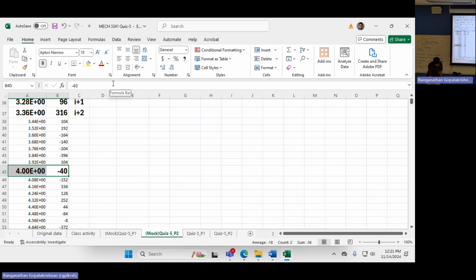Is that correct? Yes. Okay, that's correct. So this is your formula. You call this i. The previous point involved is i minus 1 and the next point is i plus 1.